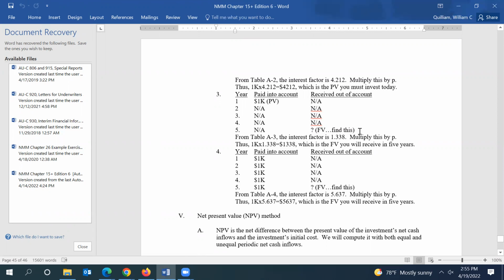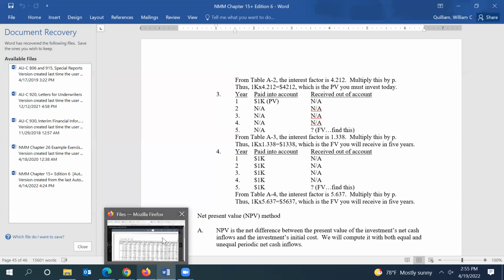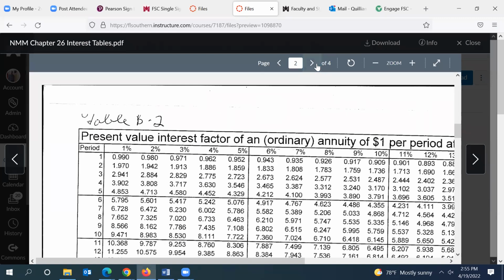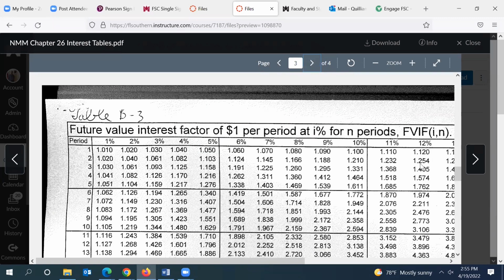That will be the future value that we get out of this account, what it grows to. And again, that future value will be more than the present value of 1,000. We need table number 3. Let's turn to table 3 and look up an interest factor. So again, period 5.